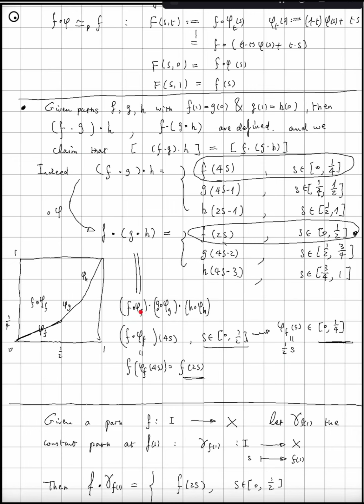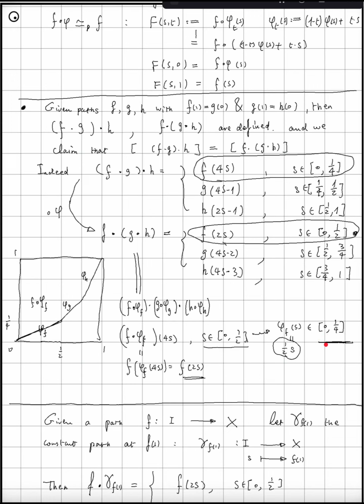is, let's call it phi f, the part you compose with f. If you just take it to be 1 over 2s, then you're changing the speed. When s goes from 0 to 1 over 2, this phi f of s slows down the changing of s. So when s goes from 0 to 1 over 2, this phi of s goes from 0 to 1 over 4, right?